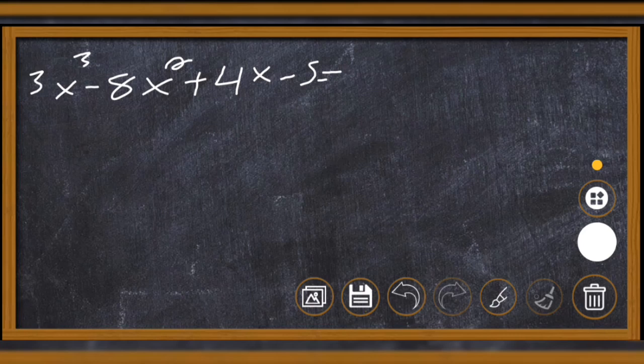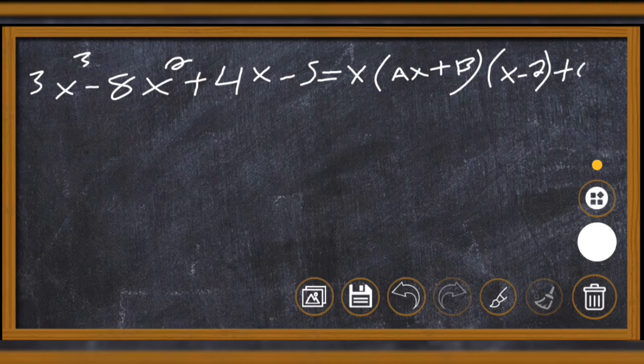Let's say this equals x, open brackets, ax plus b, and then this is multiplied by, let's say, x minus 2. And then let's say this is added to a constant value c. So how can we find the values of a and c?